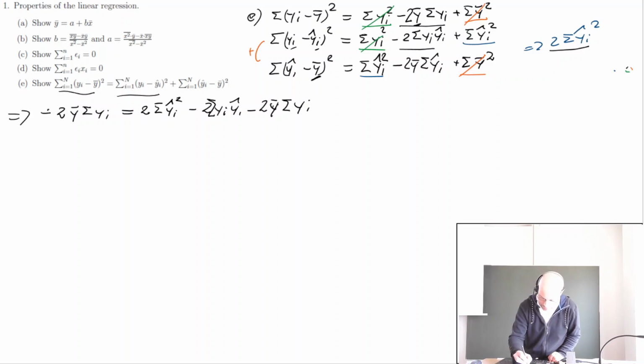So then the nice little thing is that all the 2s are cancelling.